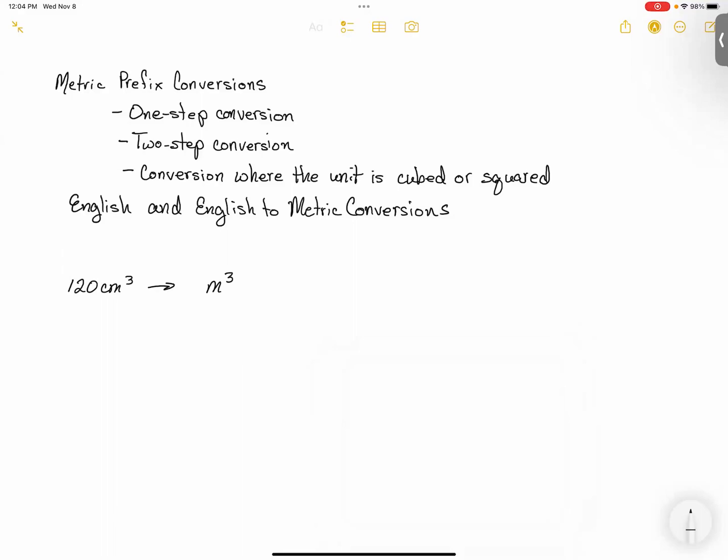The first thing I note is that the two have meters in common. So we're still looking at the metric prefix conversions.